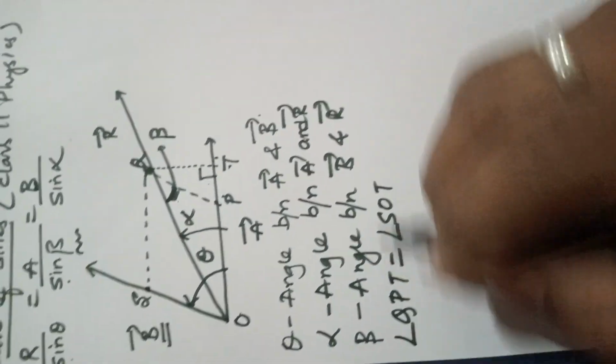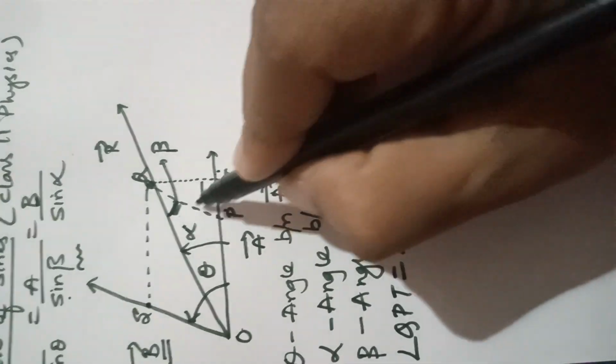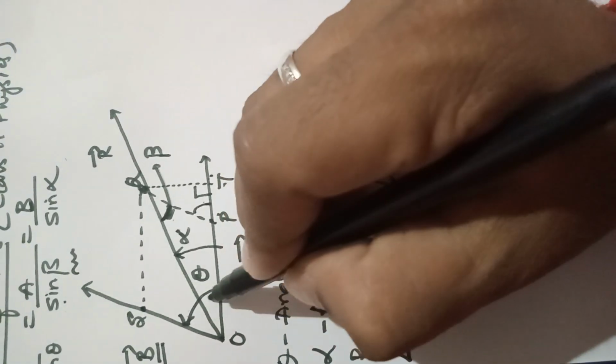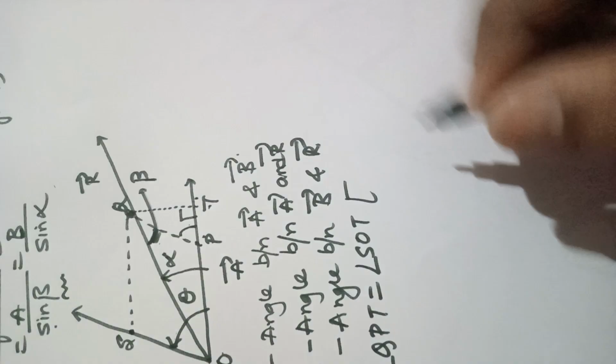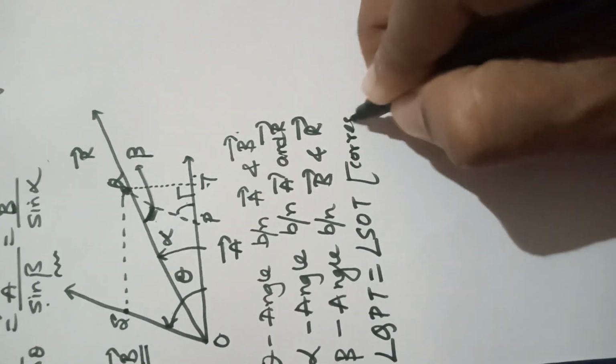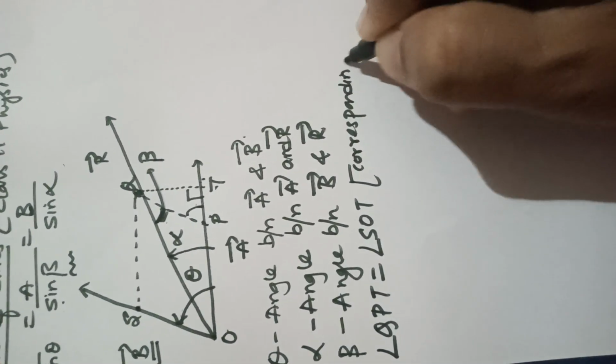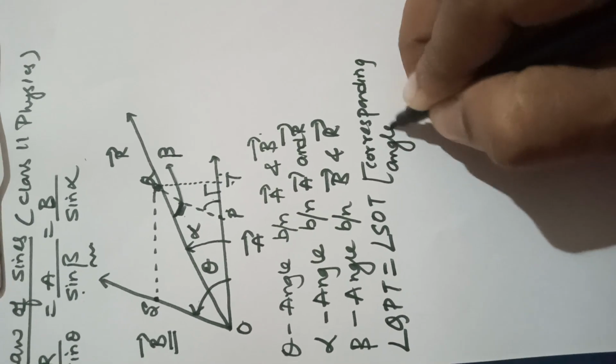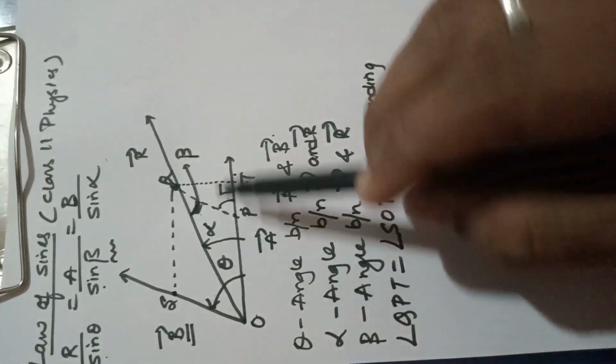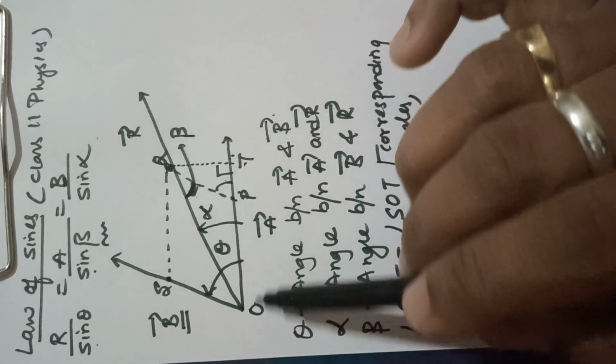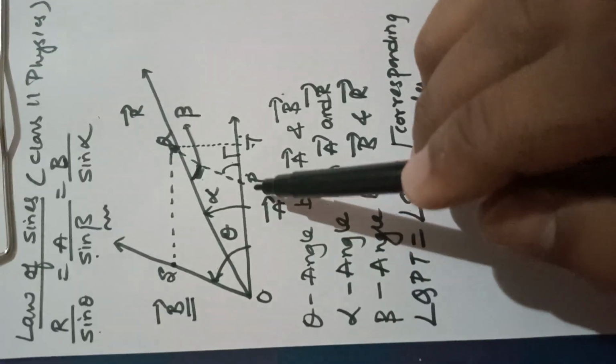How are we able to say that? Because this angle and this angle are corresponding angles, and corresponding angles will be equal when two parallel lines are intersected by a transversal.